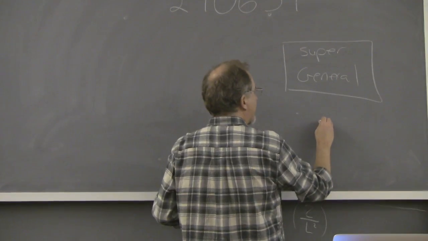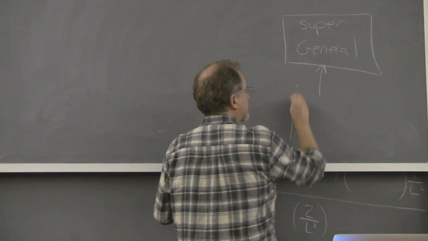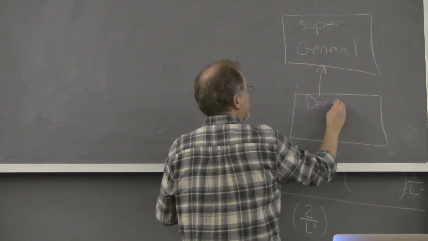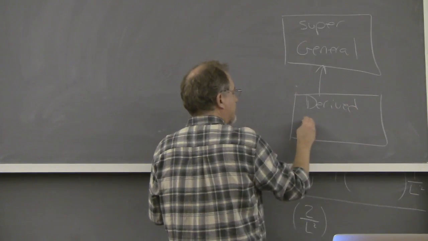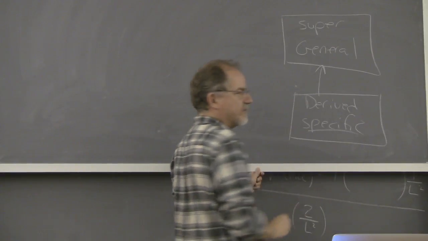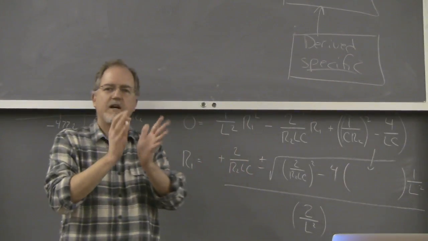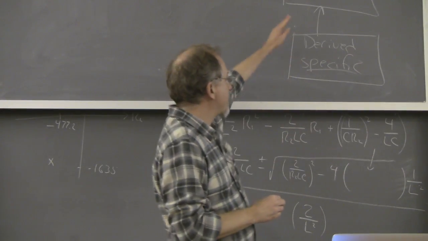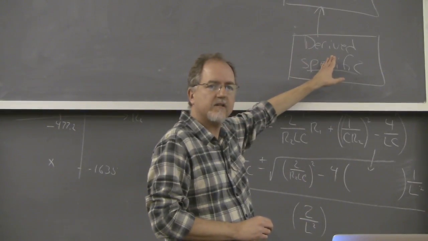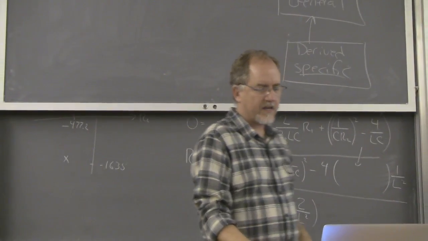And then the derived class, or subclass, gets more specific. It has some more narrow scope. So you're going to take the general stuff from the superclass and then add in some more details for this derived class.